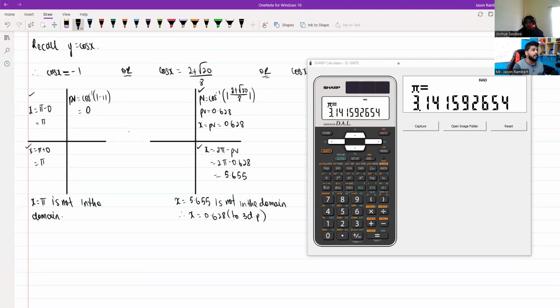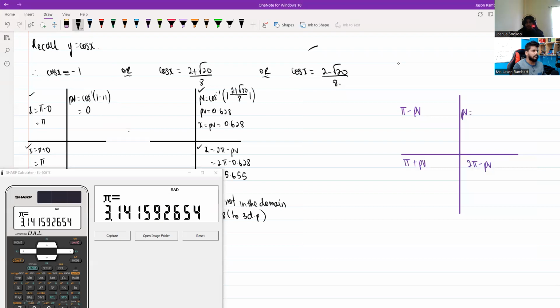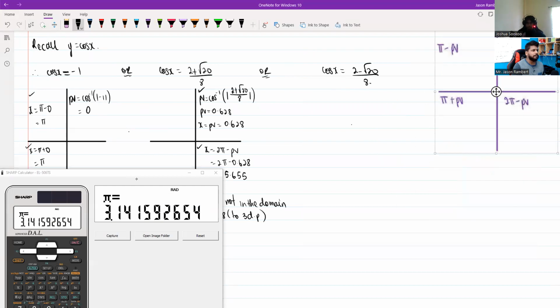And as I rinse and repeat for the last set of quadrants here, let me check and see. The principal value is cosine inverse of 2 minus root 20 over 8.